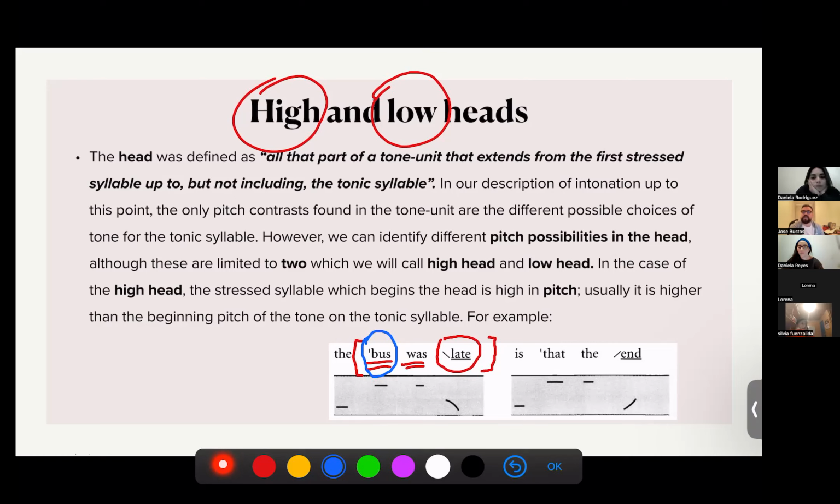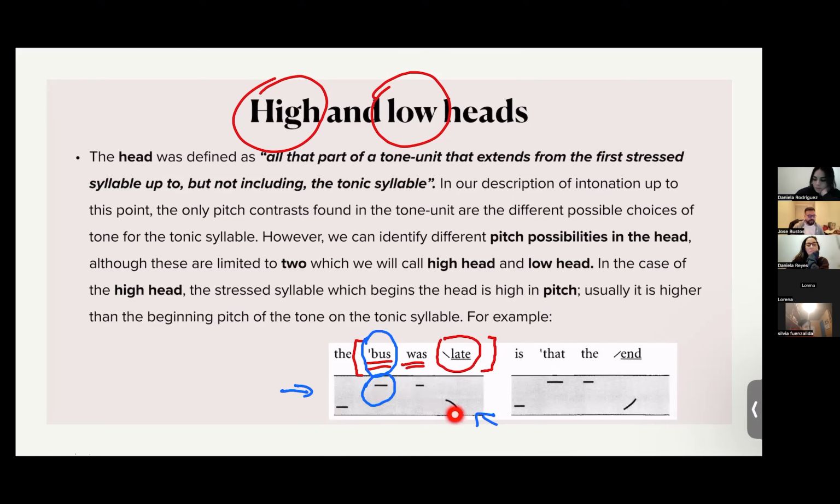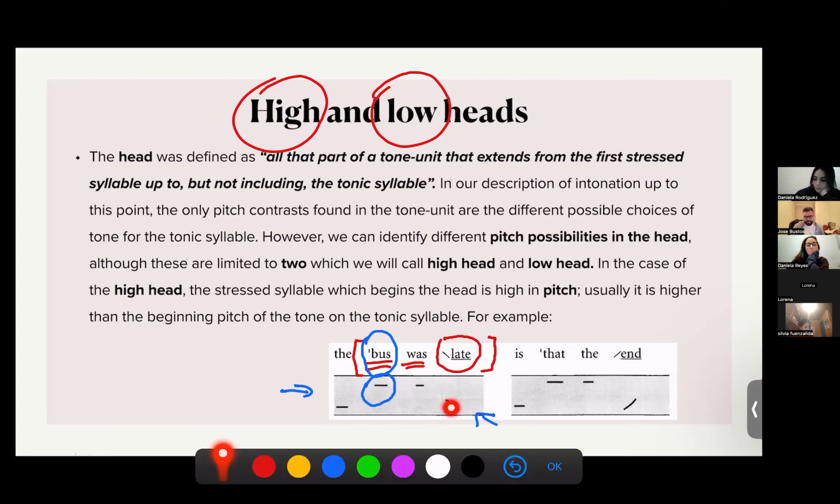Bus. Very good. If we pay attention to the image, the stressed syllable "bus" is going to be high in pitch. So the pronunciation would be: the bus was late.